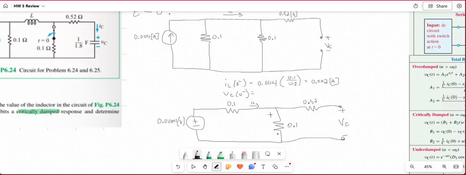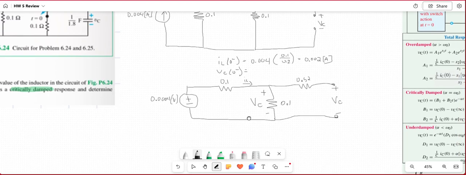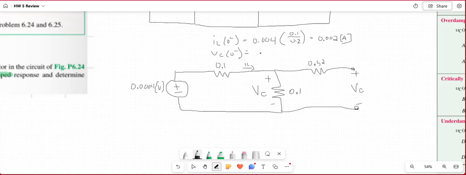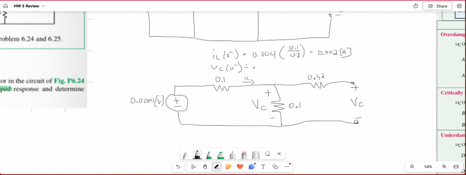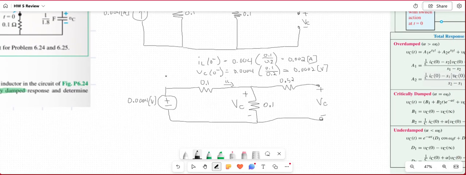So VC is just the voltage drop across this. So we can do the voltage divider rule. So we're going to do 0.0004 times 0.1 over 0.2. That's going to be 0.0002 volts. All right, so that's for our initial conditions.